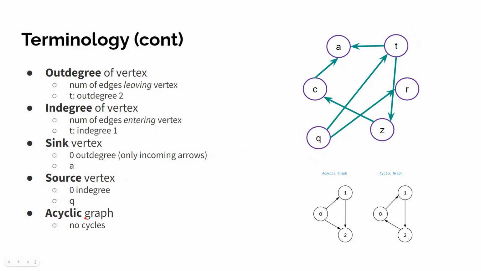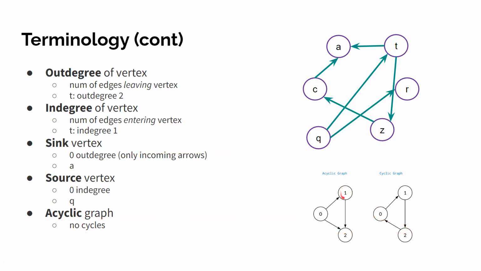And an acyclic graph is a graph with no cycles. If you have a hard time remembering, it's just cyclic. I don't actually know how to pronounce that. It's kind of embarrassing. Cyclic graph versus acyclic graph. Oh, okay. We have an acyclic graph, which is basically a graph with no cycles.